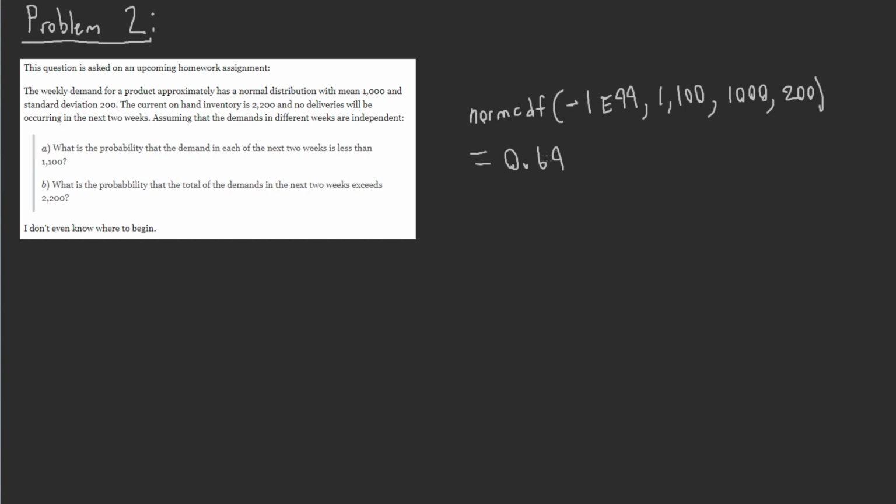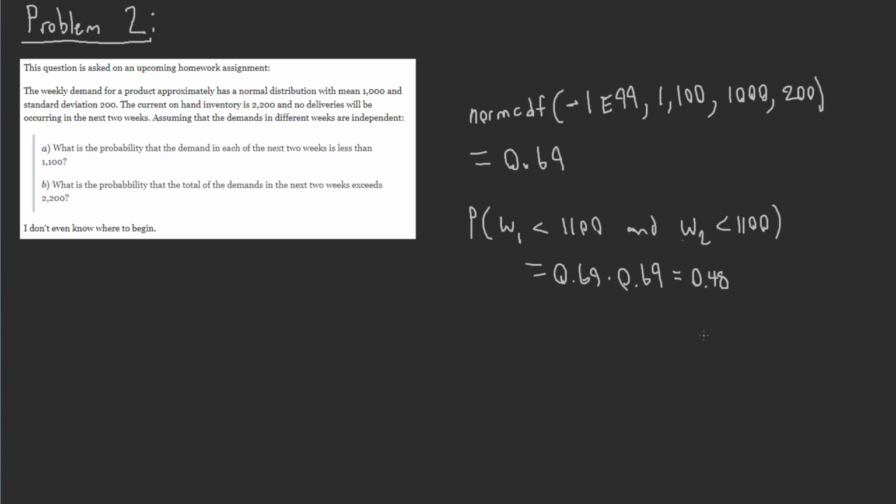We could just multiply these probabilities together: the probability of demand in week 1 being less than 1,100, and the probability of the demand in week 2 being less than 1,100. This is just equal to 0.69 times 0.69. And if you plug that into your calculator, you'll get about a 48% chance.